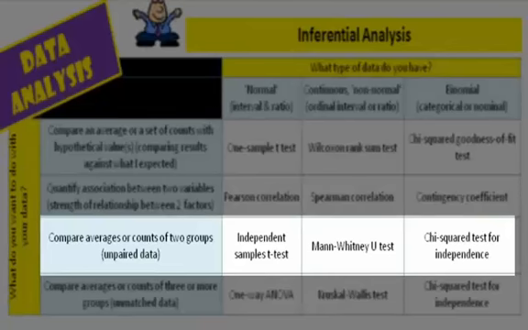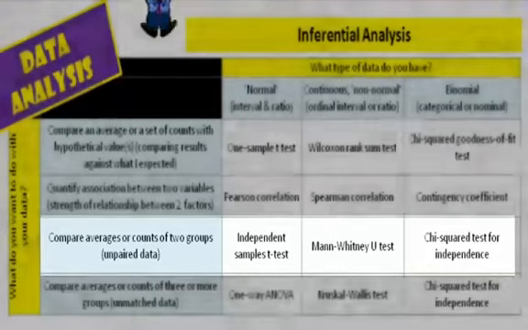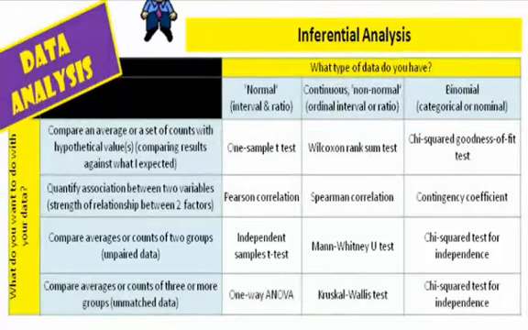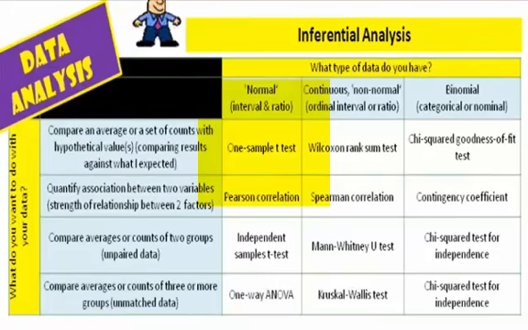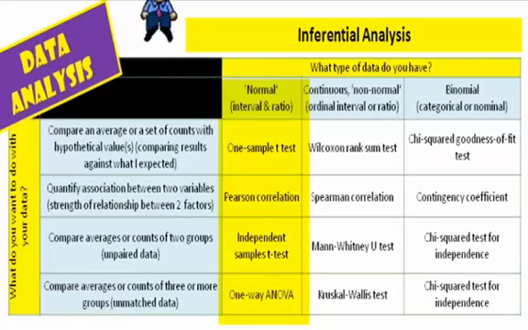So I'll be comparing the averages or the counts, the responses of those two different groups, staff and student. The data is going to be normal. Now there is a test you can do, but for the purposes of this example, we can assume it's a normal distribution. So the test I would need to do is the independent samples t-test.